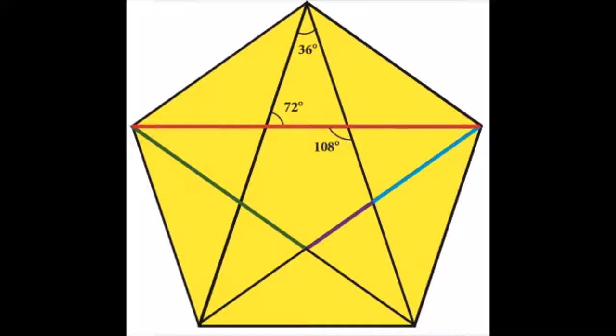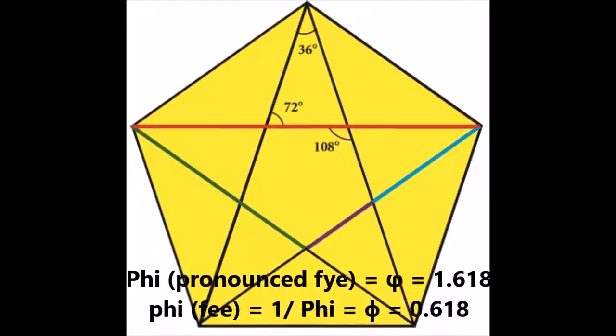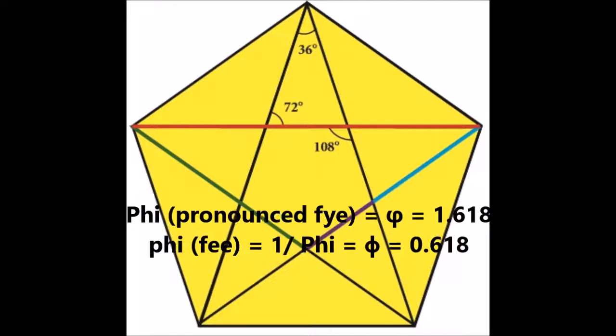The operation of the trigonometric functions cosine and sine on them results in numbers proportional to the golden ratio Phi or phi. Phi equals 1.618.